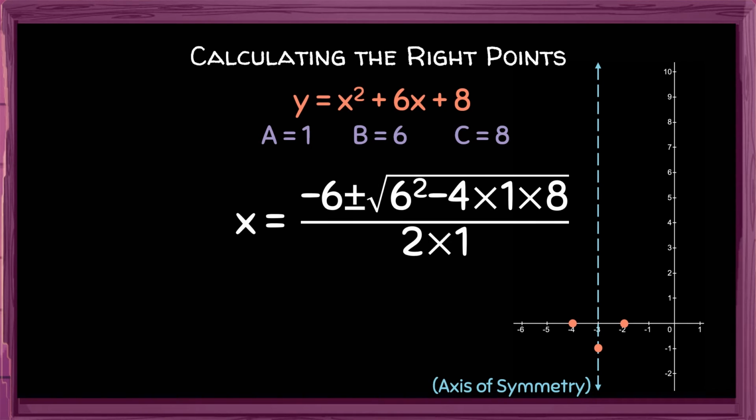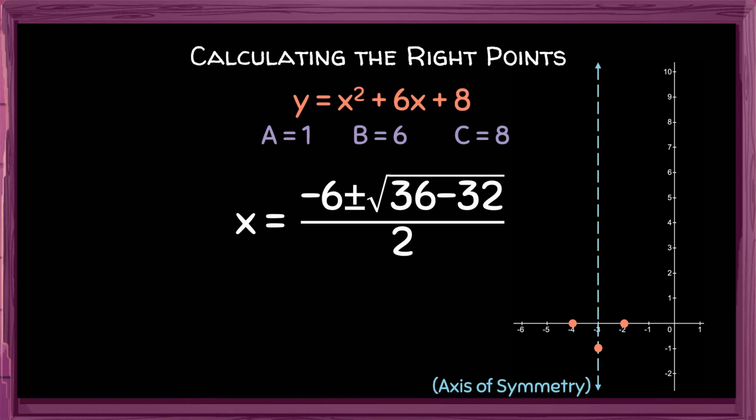We get x equals -6 plus or minus the square root of 6 squared minus 4 times 1 times 8, all divided by 2 times 1. That's x equals -6 plus or minus the square root of 36 minus 32, all divided by 2, which simplifies to -6 plus or minus the square root of 4 over 2.